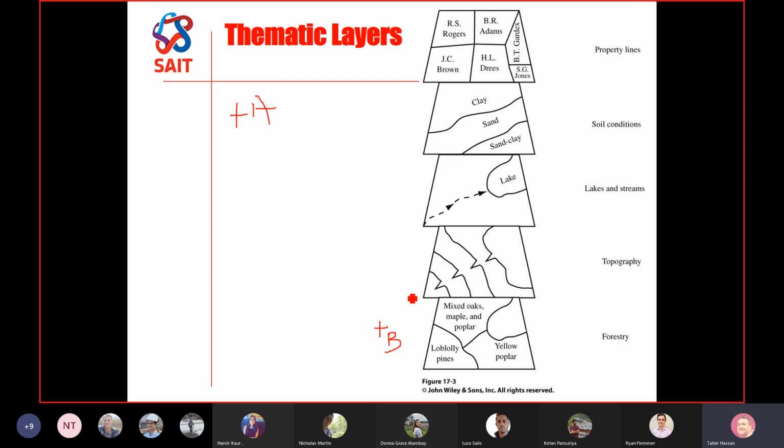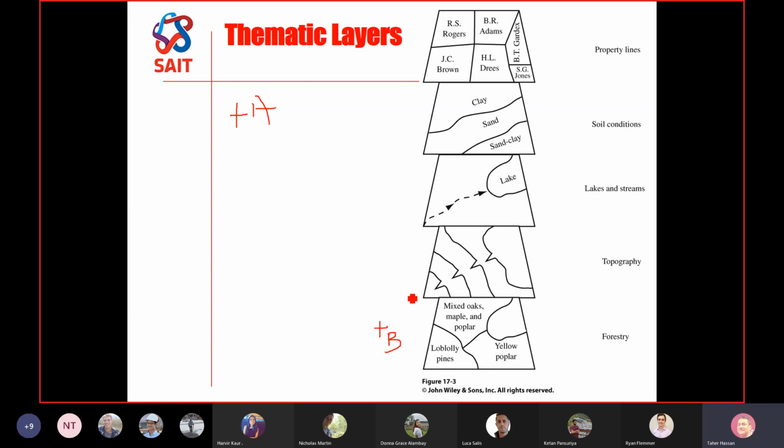Now we're getting into a discussion called thematic layers, because in GIS we said we have a base map. This base map simply contains the geometry, the location, and we add to that some attributes. Those attributes, we sometimes call them themes.